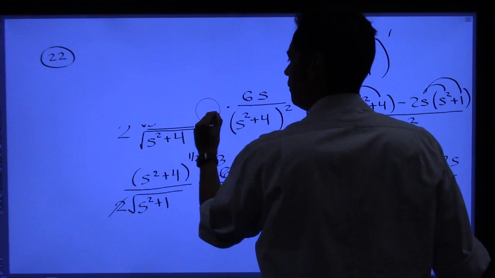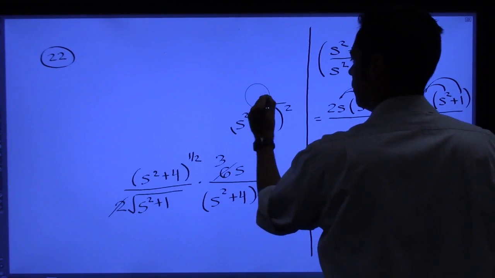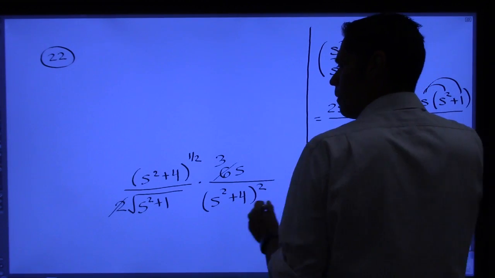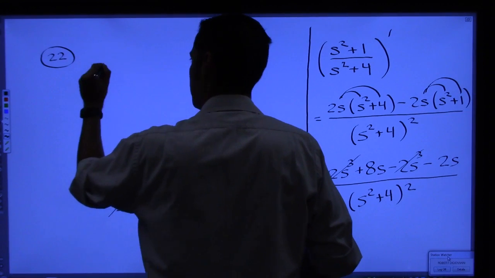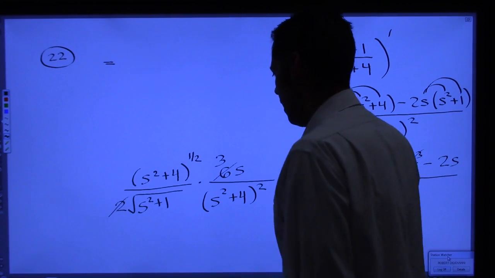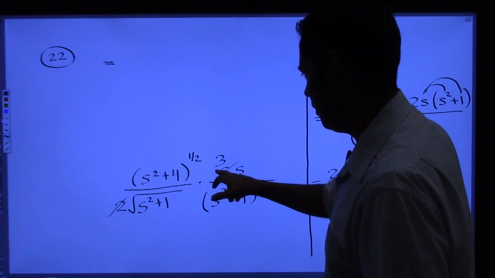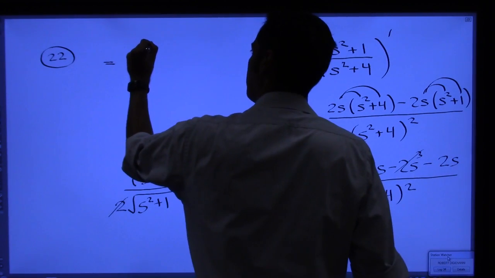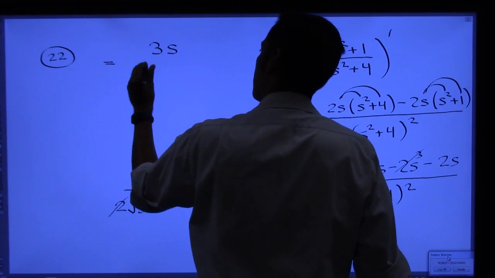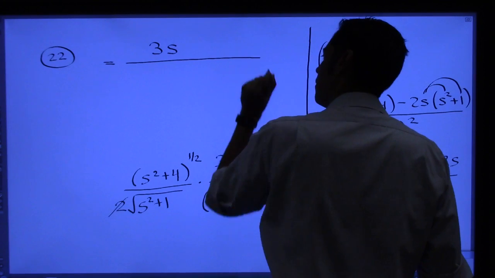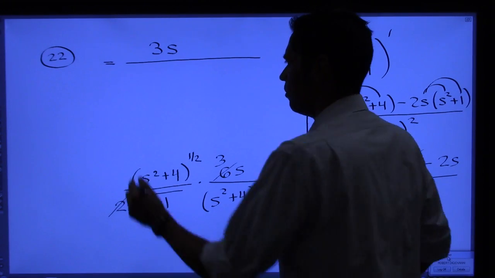Clear all this out. Okay, I should have that this is equal to, let me do the numbers for the easy stuff. 3s, I still have a 3s up there. I still had this root right here.